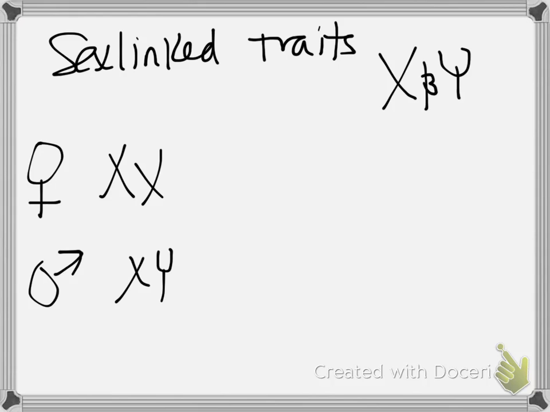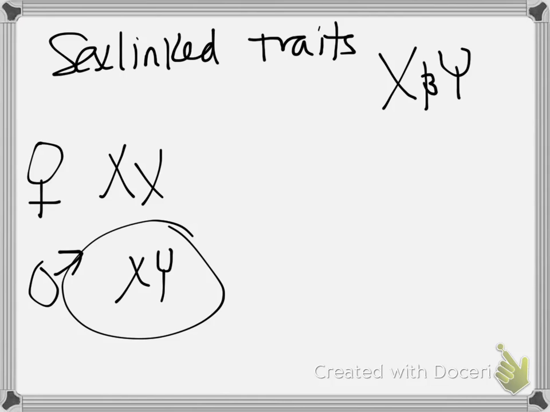The ones that we're talking about are typically on the X, and they typically affect who? Males. Because, guys, you don't have a spare copy. It's like driving down the road with no spare tire. You blow a tire, you're done. If you have a defective X chromosome, gentlemen, you have no spare tire. You have nothing to back that up.